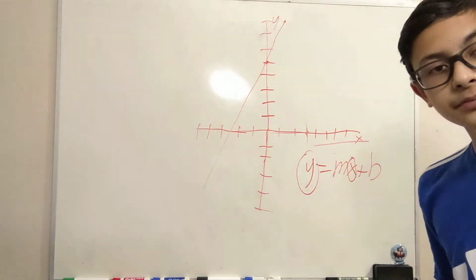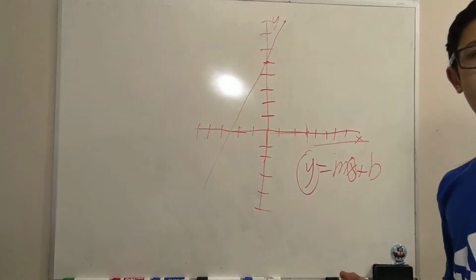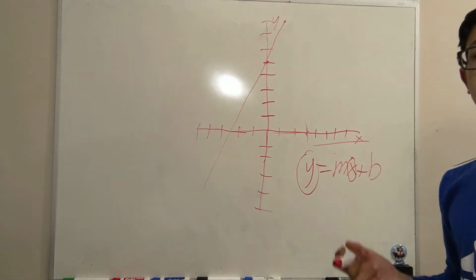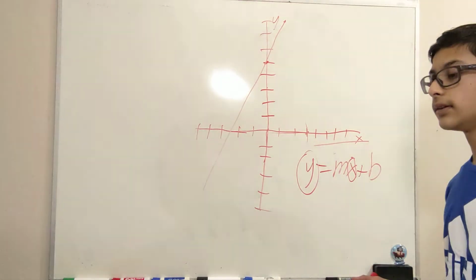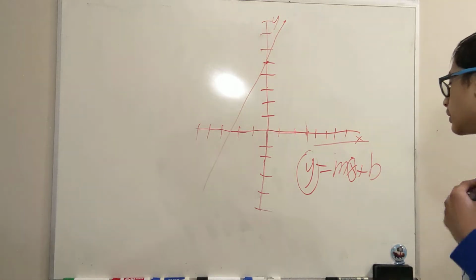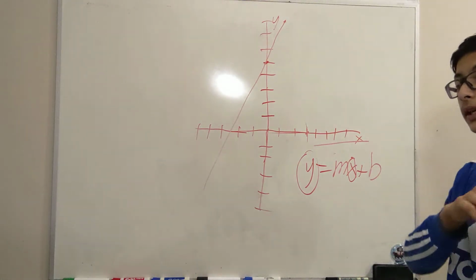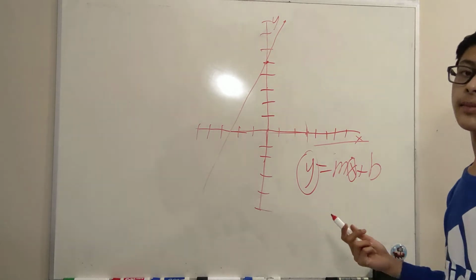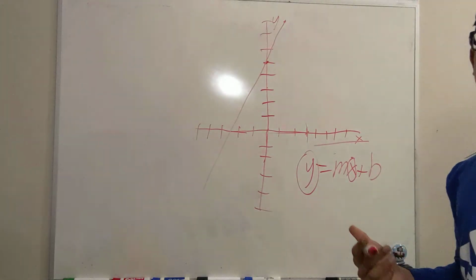Well, here, m and b aren't actually unknown. We know the value of m and b, but this is a generic equation that we are using as if we don't know m and b. M and b can really be anything. But what do they stand for?